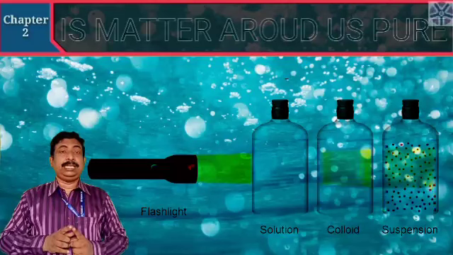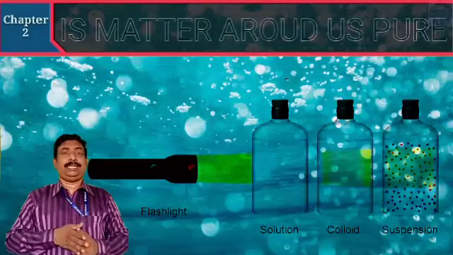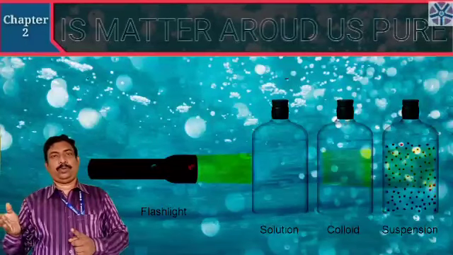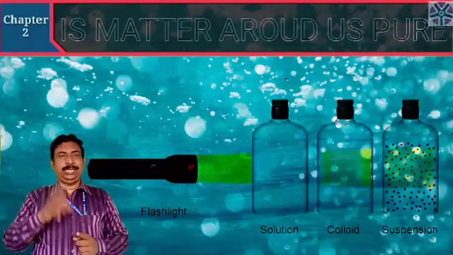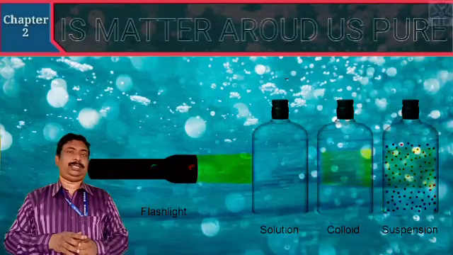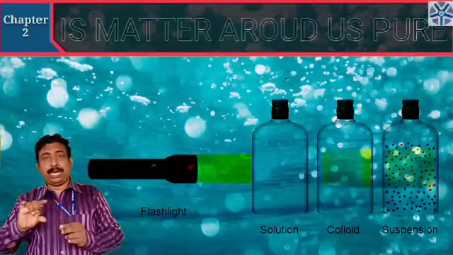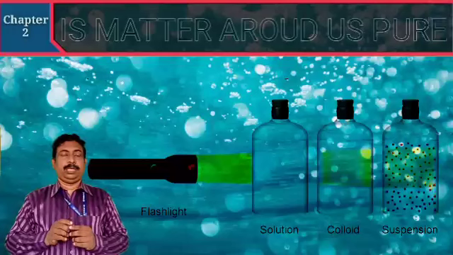And in the suspension, the mixture blocks the light like an opaque substance. The light won't pass to the other side and you will see the particles clearly. Here, the size of the particles in suspensions is very large. But in a colloid, you will see the path of the light in it. Why?